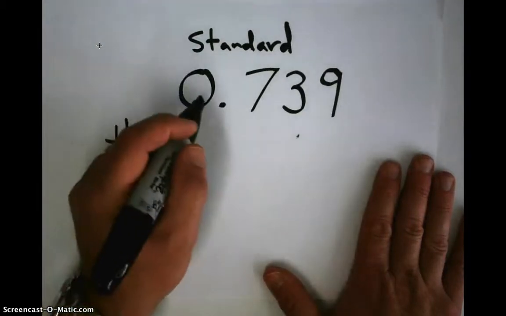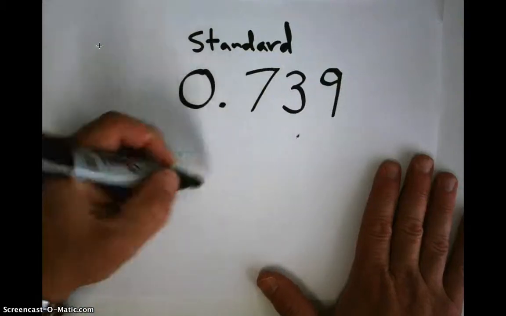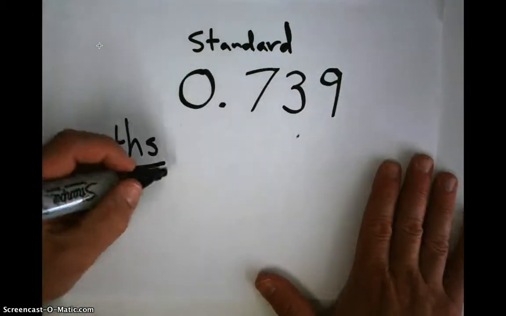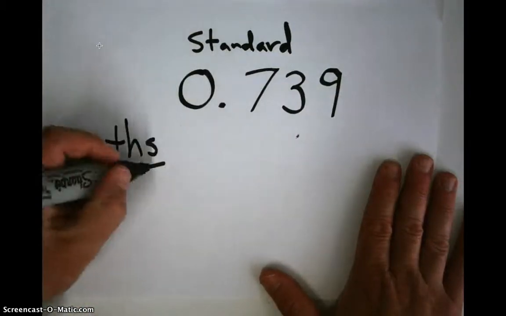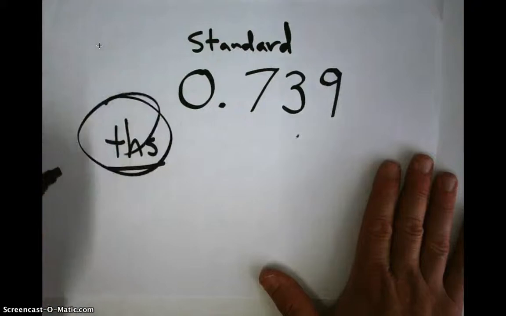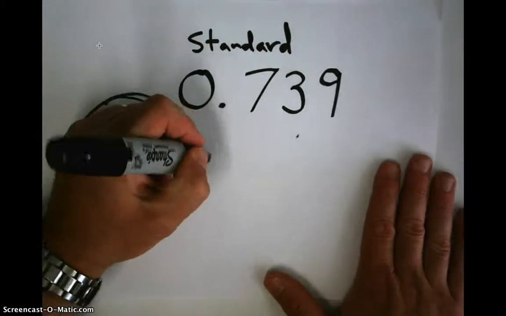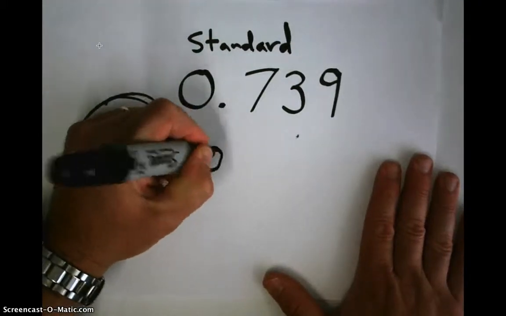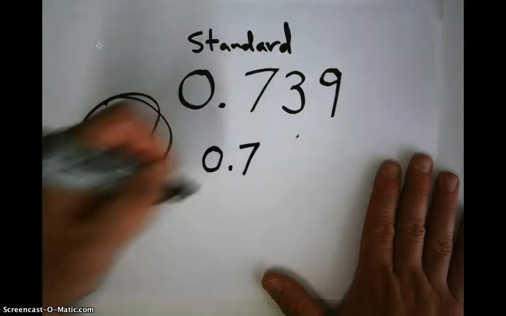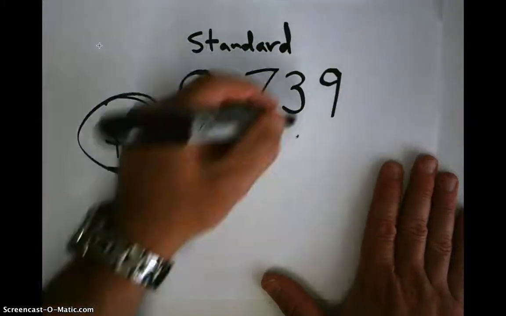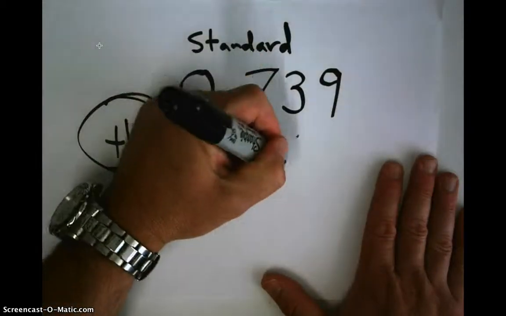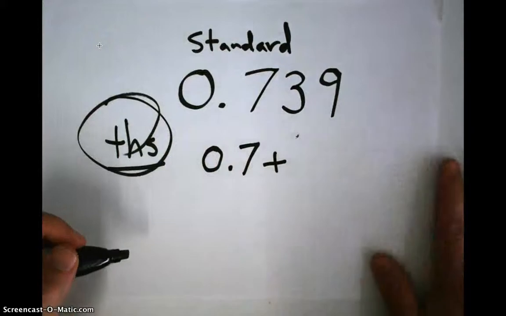So I'm going to skip the 0, but I've got a 7 in the tenths place, right? And that's tenths with a THS at the end. All right, so that is 0.7, 7/10. Then I have a 3 in the hundredths place.